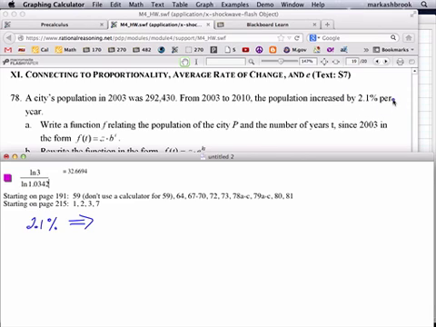Will that give us the 1-year growth factor? Yeah, so if this is a per year percent increase, then that's the 1-year growth factor.